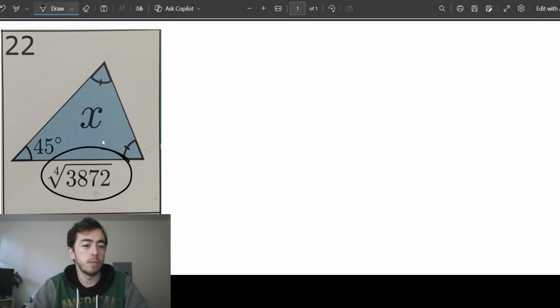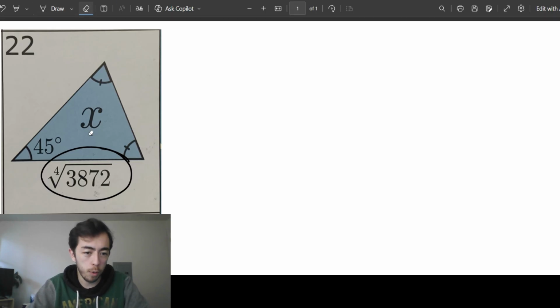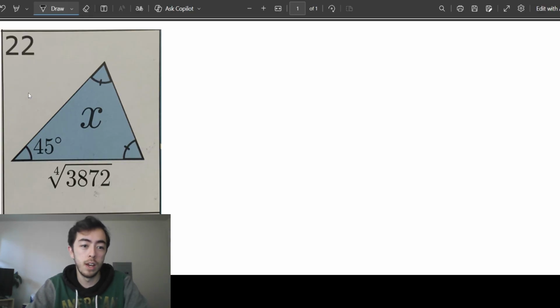We do have a kind of weird side length here. This is the fourth root of 3,872. Again, because the triangle is isosceles, we could stick that length over here as well. Part of me is interested in seeing if I can simplify this fourth root at all, and I just have a calculator with me. I'm first checking how many 2's I can divide out of it, and I got 4 of them. Cool.